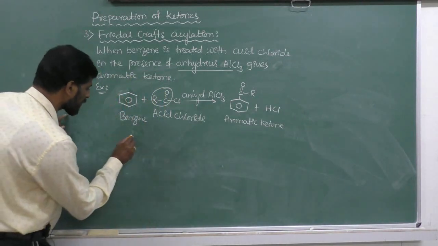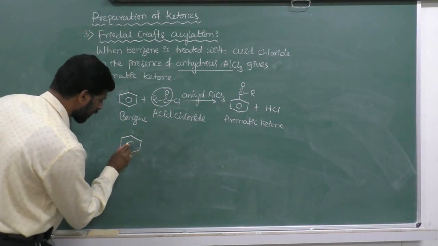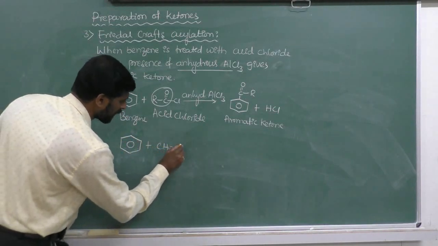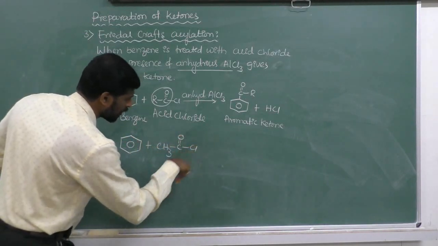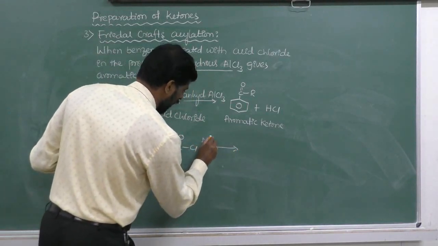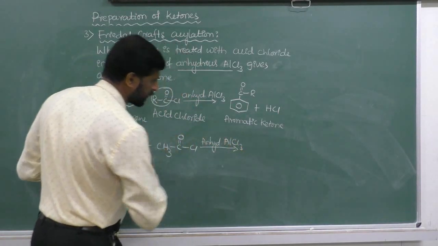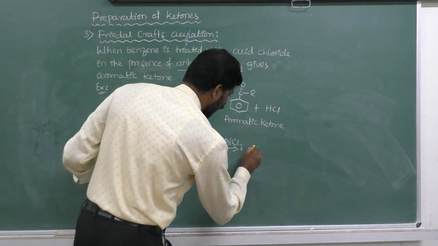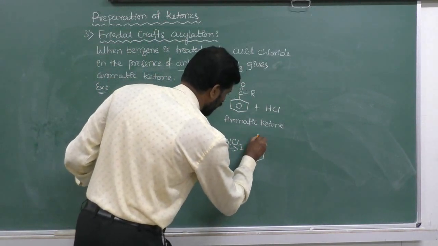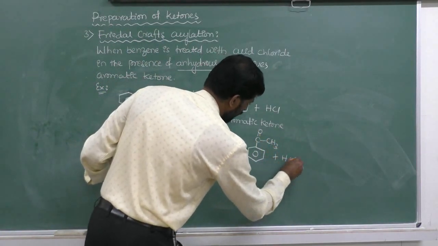Now, example. Benzene is treated with CH3COCl in the presence of anhydrous aluminum chloride, that leads to the formation of COCH3 and HCl.